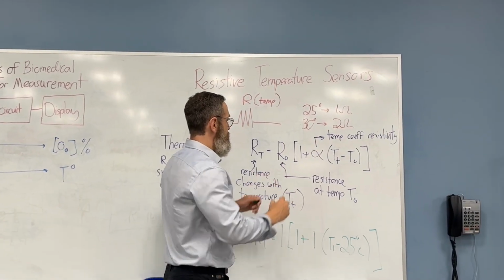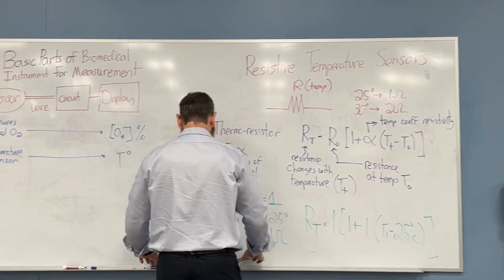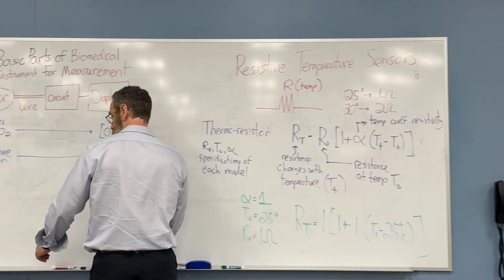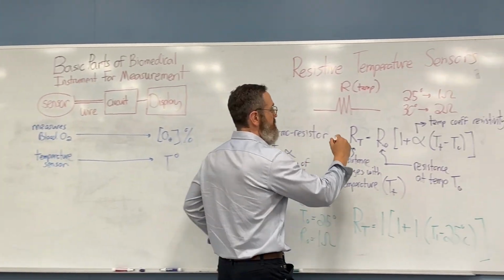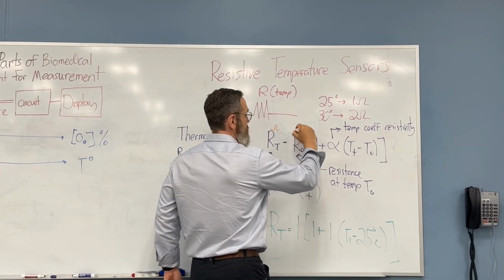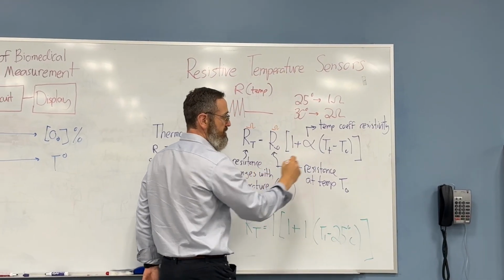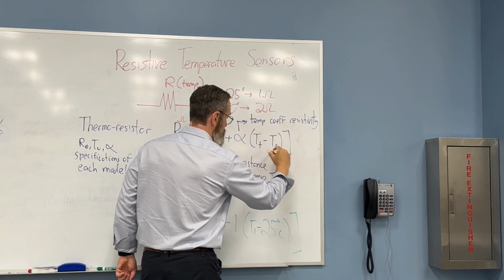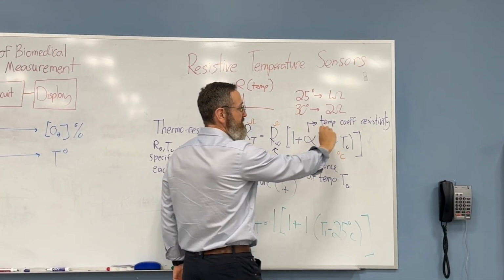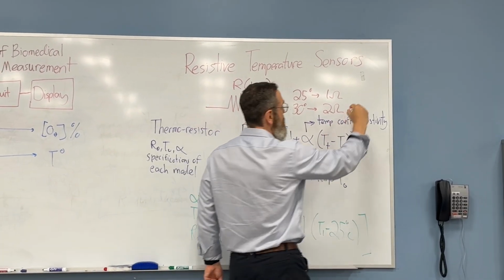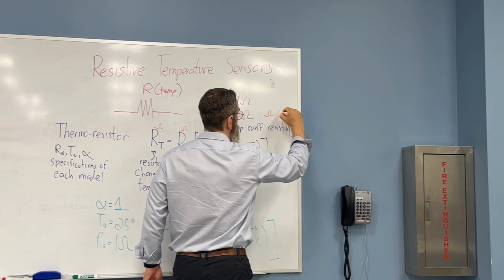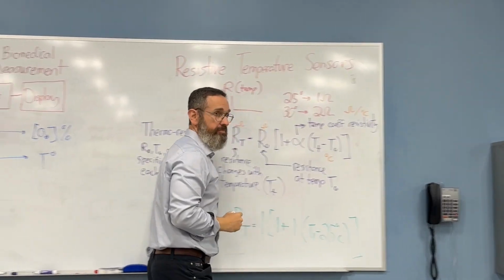Now, for the units to work out, these units are going to be in ohms. These units are going to be in ohms. These units here are both in degrees C. And so the temperature coefficient of resistivity has to be in ohms per degrees C. Right?